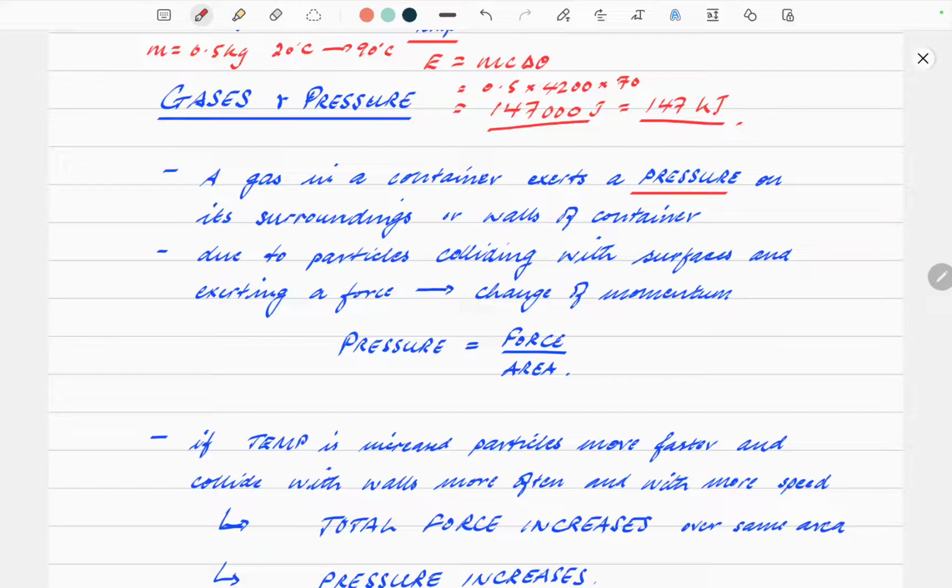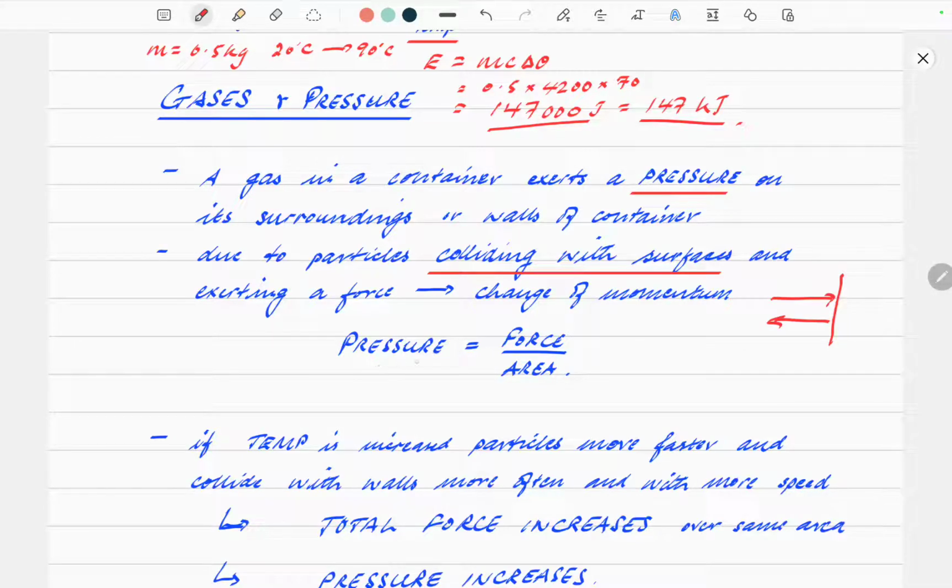The reason that happens is the particles are colliding with the surfaces and exerting a force, because there's a change of momentum. The particle hits and then bounces back, and that change in its motion effectively puts a force on the wall itself.